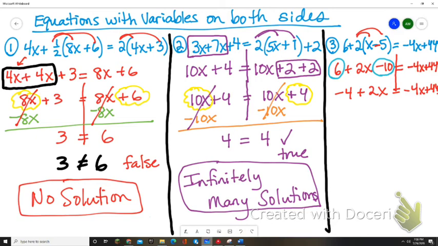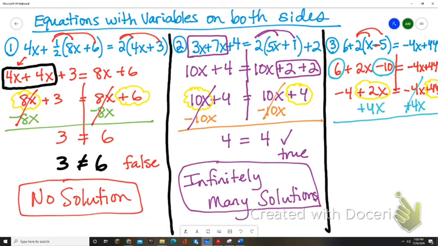So now again, I like to keep my variables on the left side and my numbers on the right side. So what I'm going to do is I'm going to add 4x to both sides. So I can undo that -4x. It cancels on the right side.